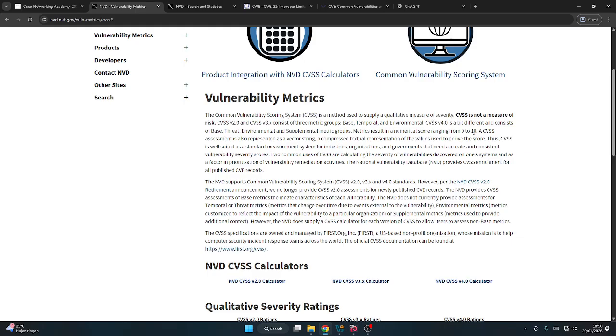Common uses of CVSS are calculating the severity of vulnerabilities discovered on one's system and as a factor in prioritization of vulnerability remediation activities. The National Vulnerability Database (NVD) provides CVSS enrichment for all published CVE records.